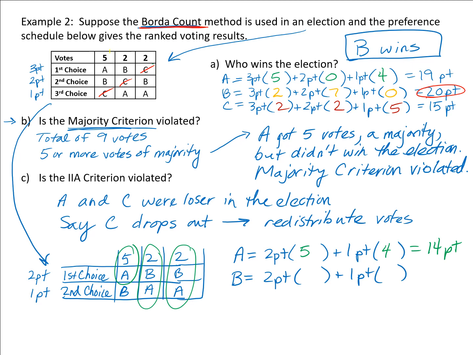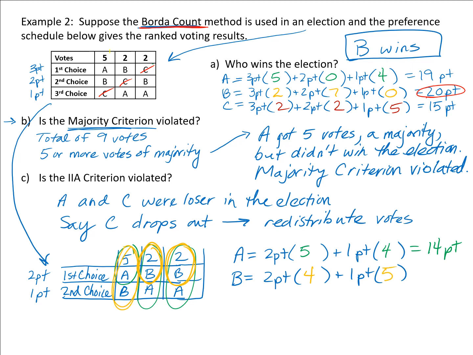B would be a little bit different. B's first choice would be 2 and 2, so 4 people altogether voted for B in first choice. B had 5 people vote for them in second choice.